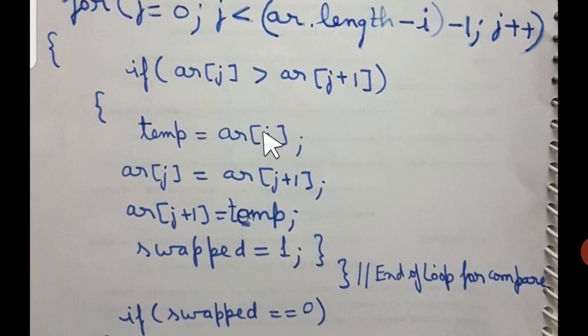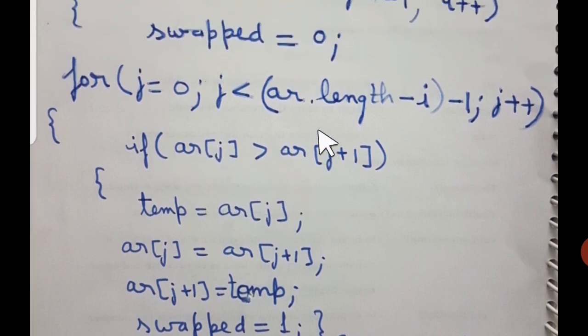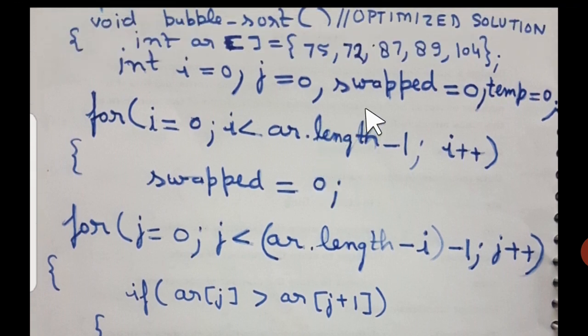Now, for example, you have seen this comparison here, right? We move ahead as 75 and 72 are already compared and swapped. After that, when the loop moves ahead, what will happen? It will again compare, but nowhere will it find that bigger data is before smaller data, or that some data is in the wrong order.